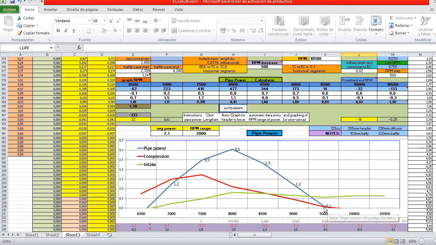So in this case, automatically you'd want to decrease the header length without changing the diffuser length to shift the whole power band up 500 RPM, which might need probably about 30 millimeters on the header. So that is it, my friends.